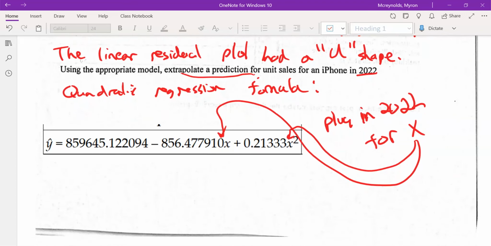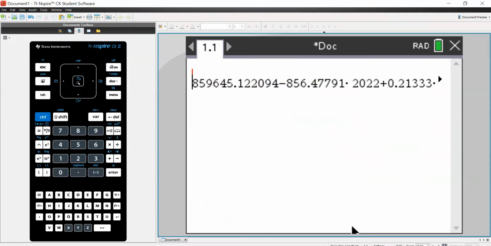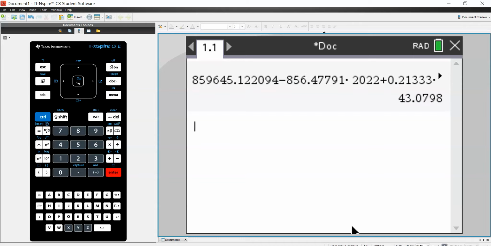You can either use like an online calculator, or I'm going to use the TI Inspire and type this into the TI Inspire. And I did that right here. So I pulled up a TI Inspire calculator, and I typed all this in. And times 2022 plus 0.21333 times 2022 squared. And let's hit enter and see what happens.